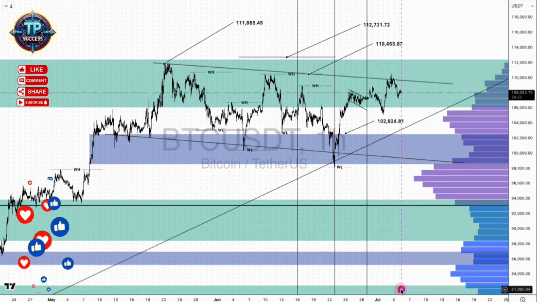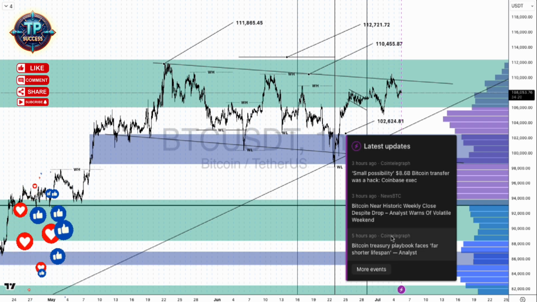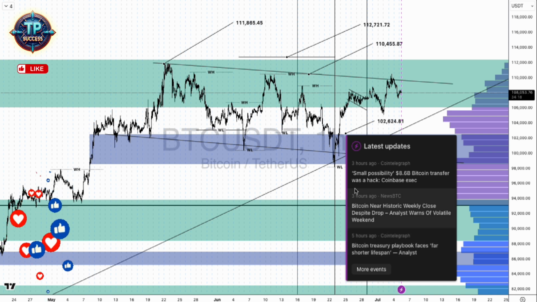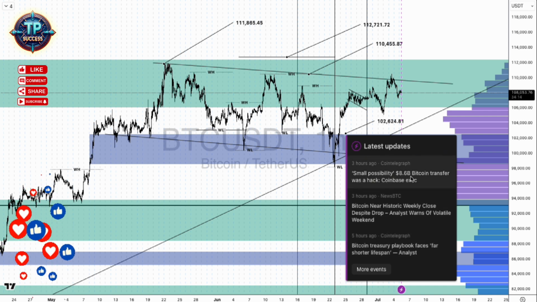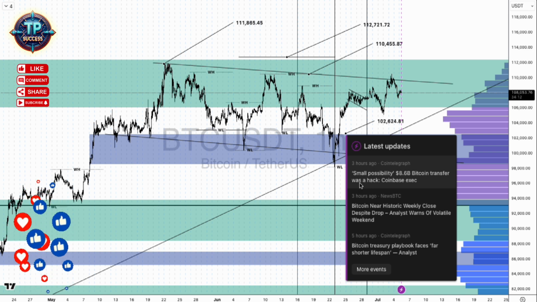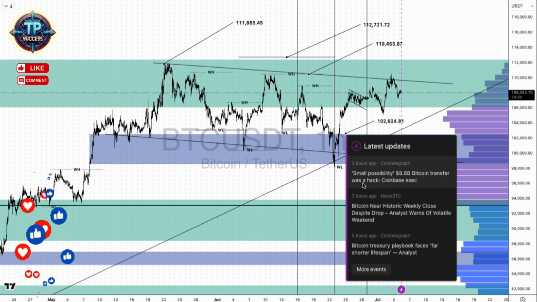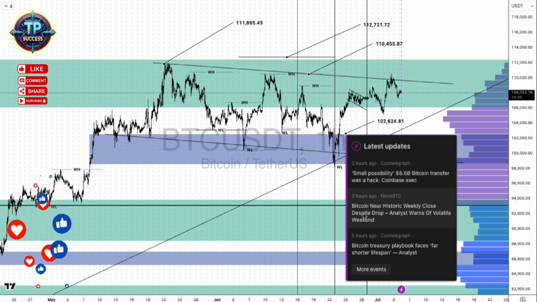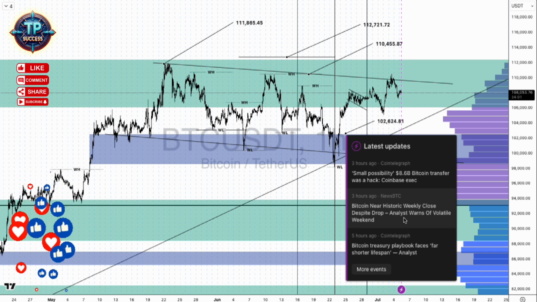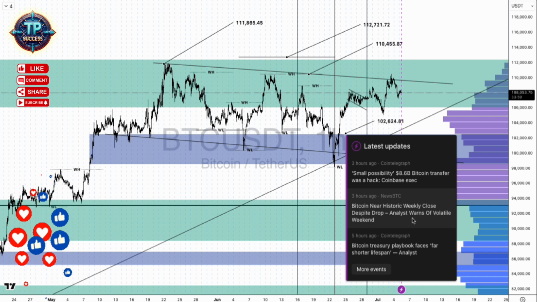Let's actually look at the news, what the news had to say. Small possibility that 8.6 billion Bitcoin transfer was hacked. Okay, these are the issues that we face. Bitcoin near historic weekly close despite drop. Analysts warn of volatile weekend.